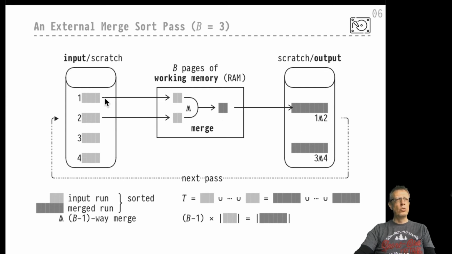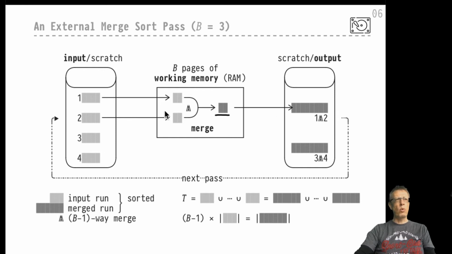So read B minus 1 blocks from the inputs, have them in working memory, and perform merging on them. Whenever the merge result exceeds the third page, this dark gray page inside working memory, append that page onto the run that we are currently creating.